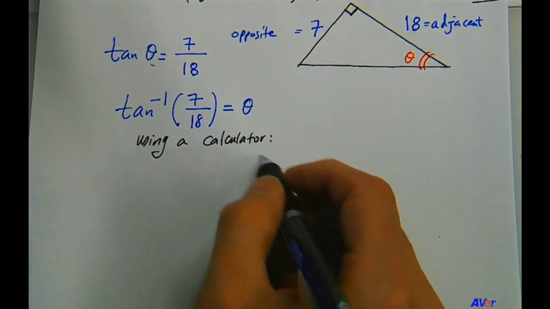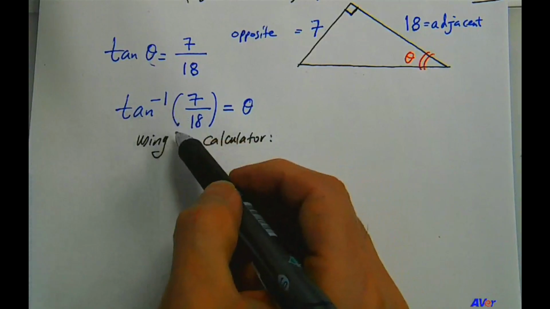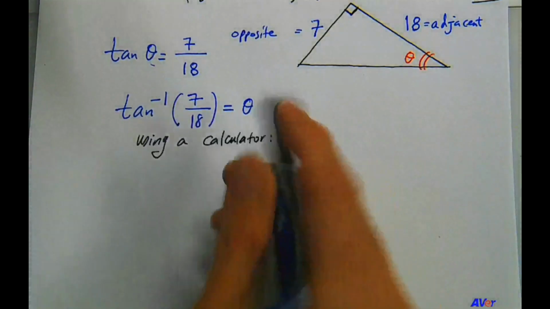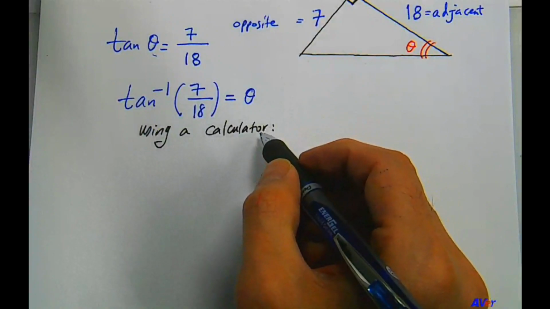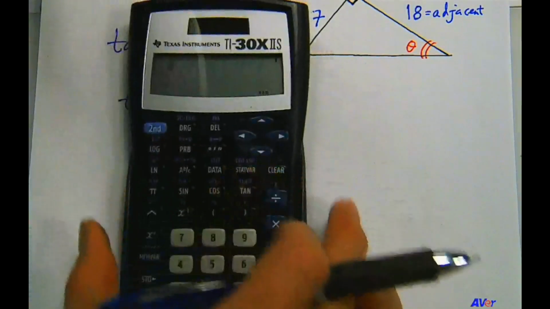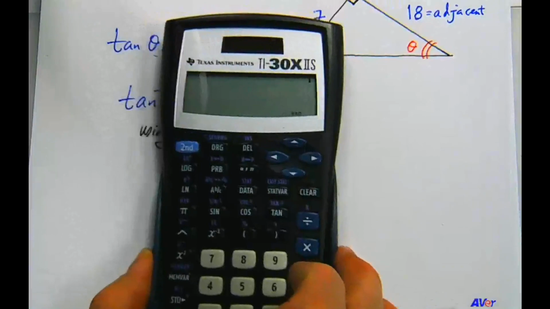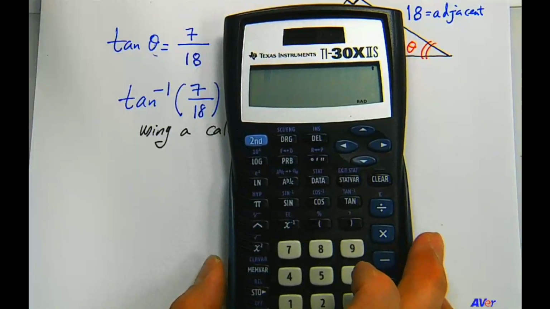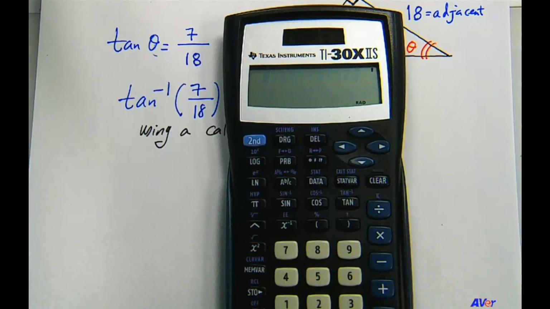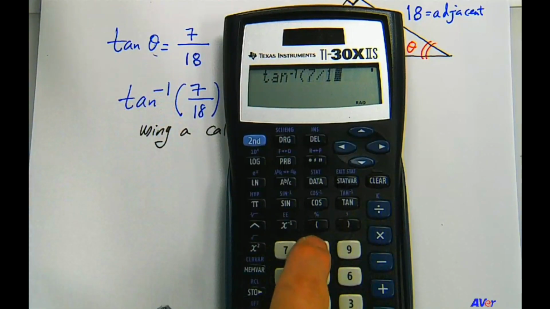I have that number, but I'll use that to convert it to radians. Let me show you how you get there. Once again, using this blue button and inverse tangent, and then I'll divide 7 by 18.